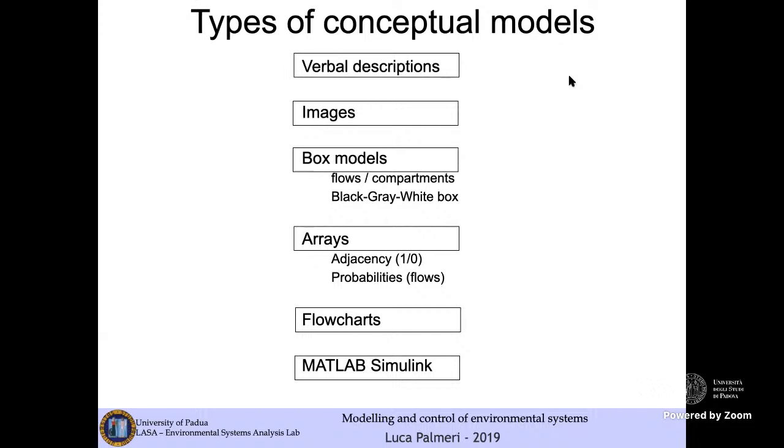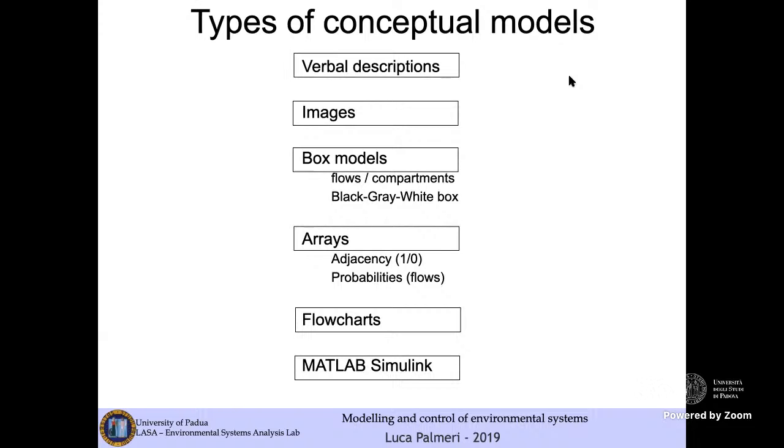We instead use black box models when we do not have a hint about mathematical relationships, but we know that some kind of relationships appear. So what we can do is derive statistical relationships between the in and out, or between different state variables.